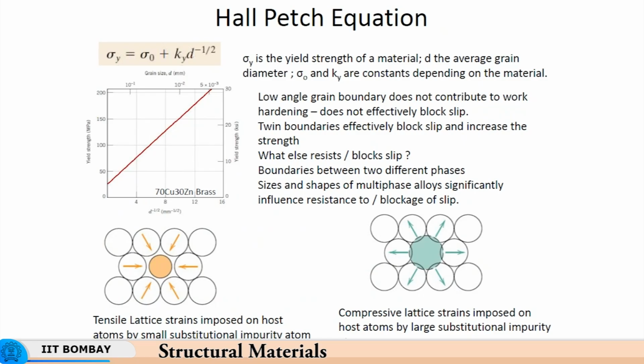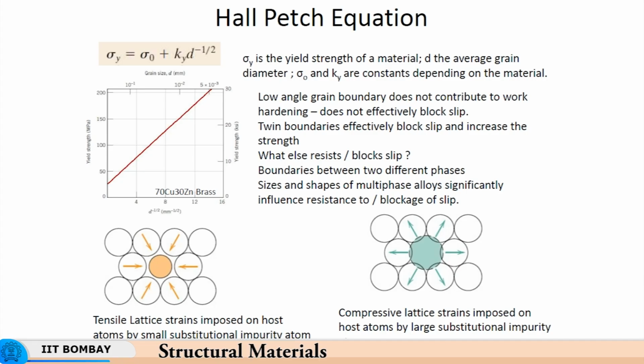Now, we come to the equation which relates the grain size to the rate of hardening, because at below equicohesive temperature, where there is a lot of dislocation activity, the source of increase in strength of the material is the dislocation movement, and it is the impediment to dislocation movement.